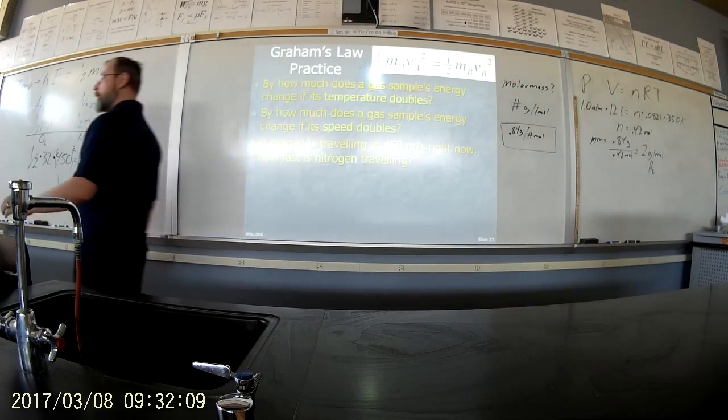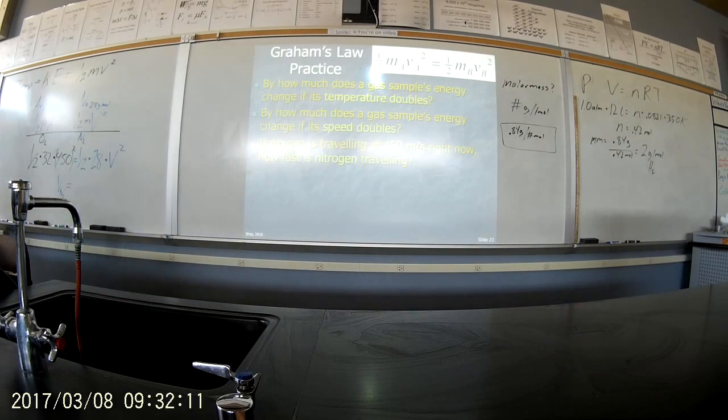Again, the number you get for v should be larger than that of oxygen because nitrogen is smaller. And again, the trickiest thing about these is the square root. A lot of people have trouble with square roots. They forget to do the square root, and they get some number that's ridiculous.